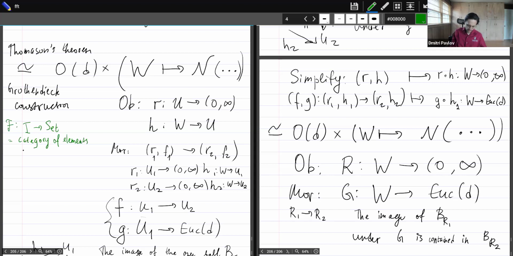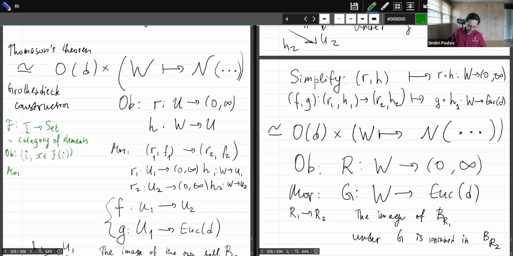So the Grothendieck construction in this case degenerates into the category of elements, so objects will be pairs consisting of an object I in capital I and an element X in F(I).